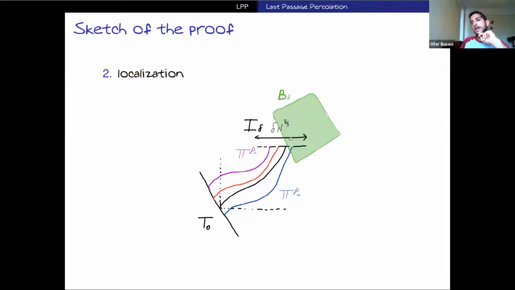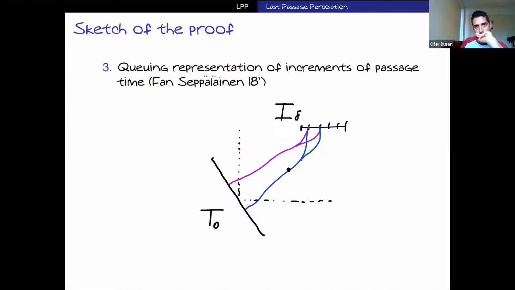Mm-hmm. And because they sandwich these two geodesics, the red and the black, if they meet before they reach I delta, then the red and the black will have to meet as well because they're sandwiched between them. I see. Okay.